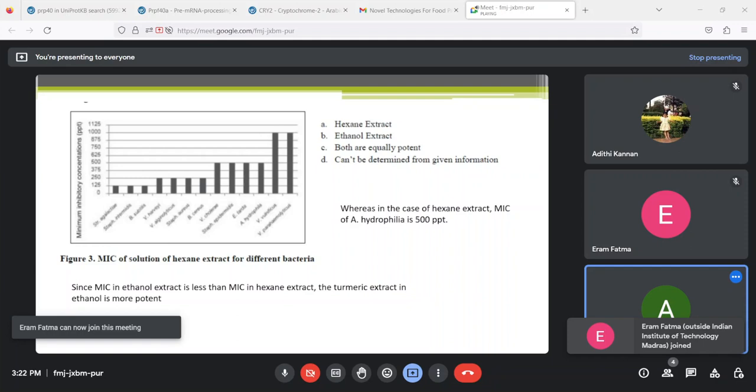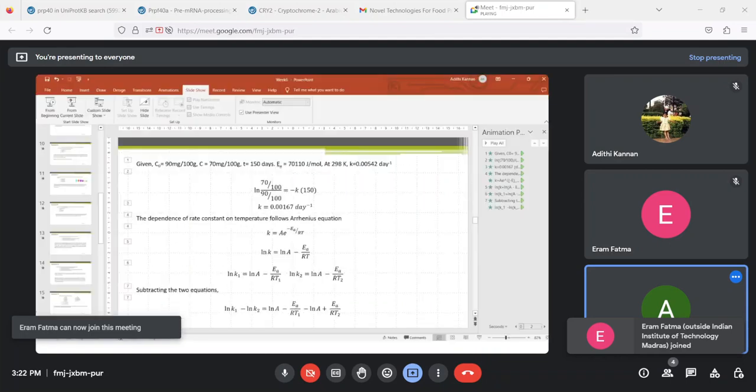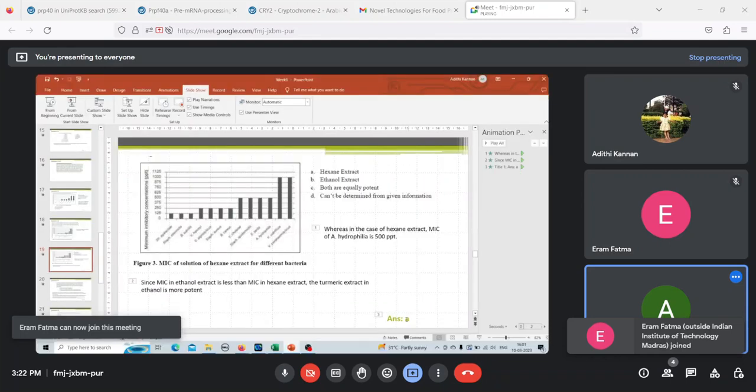When you have two different drugs, the one with the lower MIC is more potent. The one with the higher MIC is less potent. So there are two different conditions we have looked at. So the answer here is option A. Sorry, just a minute. So the answer here is option B. Sorry, ethanol extract is more potent than the hexane extract.